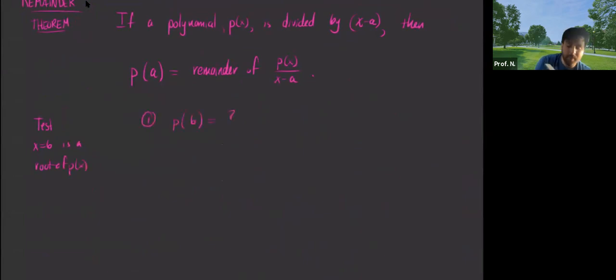But according to my theorem, the value of my polynomial at 6 is equivalent to finding the remainder of my polynomial divided by x minus 6. Do you guys see that?